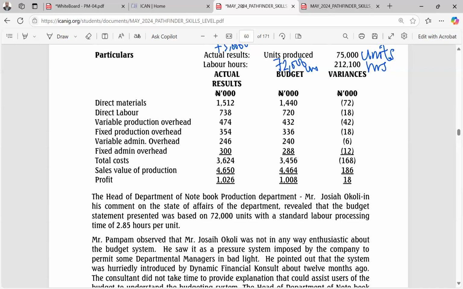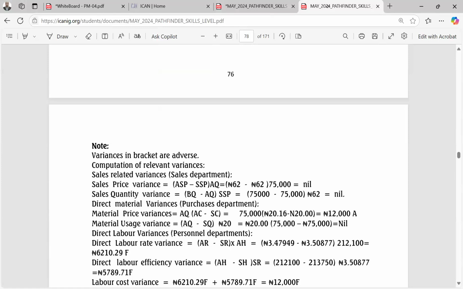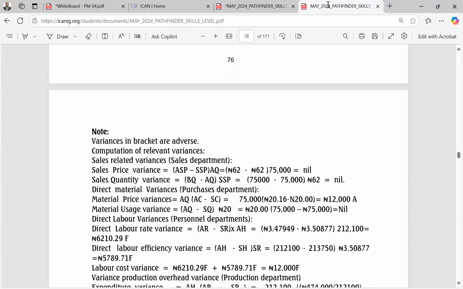Look at this selling price here. We have 4650. When we divide by 75, it becomes 62 naira. So it's the same thing we got at the flexed budget. So sales quantity variance, we have 75 times 62 is still nil. So these are some of the variance formulas.